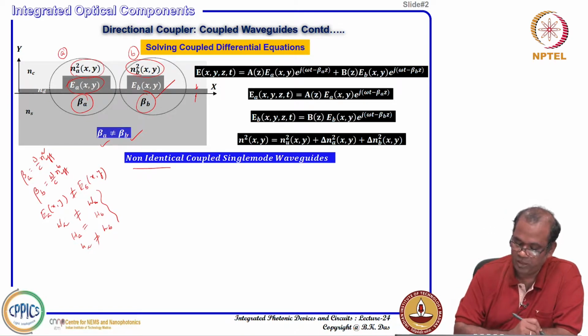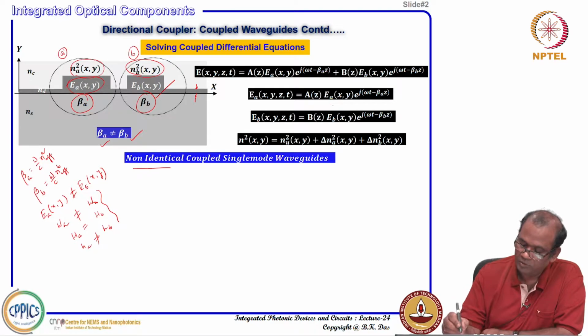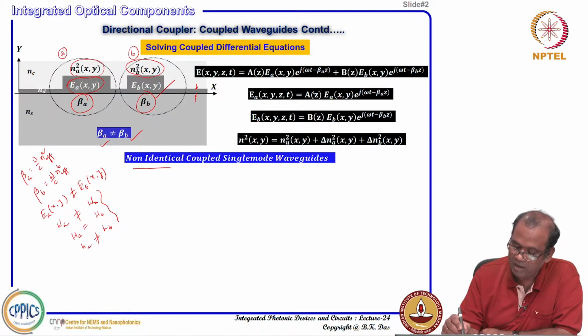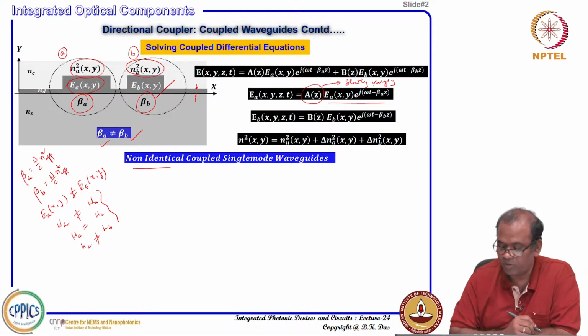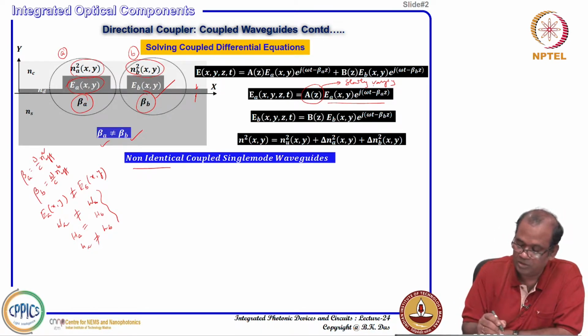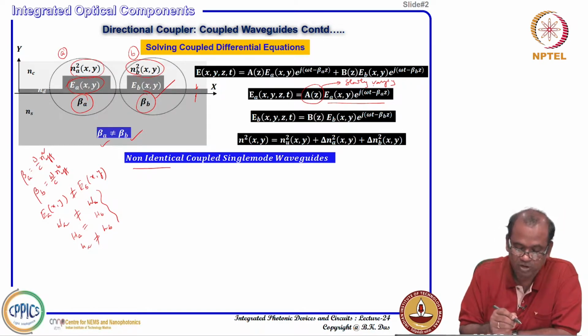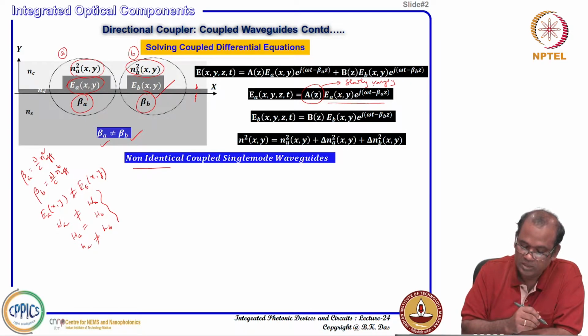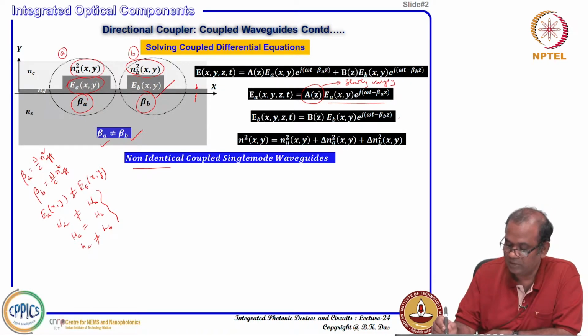And we know that when they are coupled, we cannot consider the amplitude of the electric field propagating through waveguide A to be constant. It will have some kind of slowly varying amplitude A(z) in waveguide A. We consider that the presence of waveguide B weakly influences the guided mode in waveguide A, and vice versa.